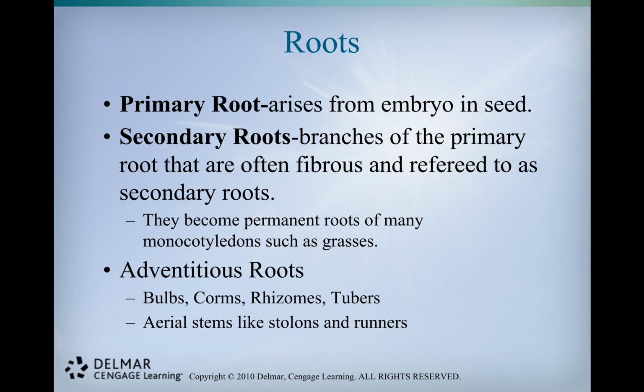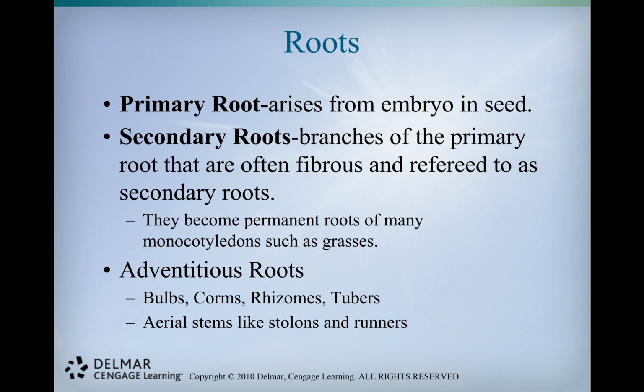So here's another principle I want you to know. Monocots are predominantly fibrous roots. Okay, so if you think of monocot and the grasses are monocots, primarily they are always fibrous roots. Okay? Dicotyledons, or dicots, two-seed leaves, are a lot of times taproots.